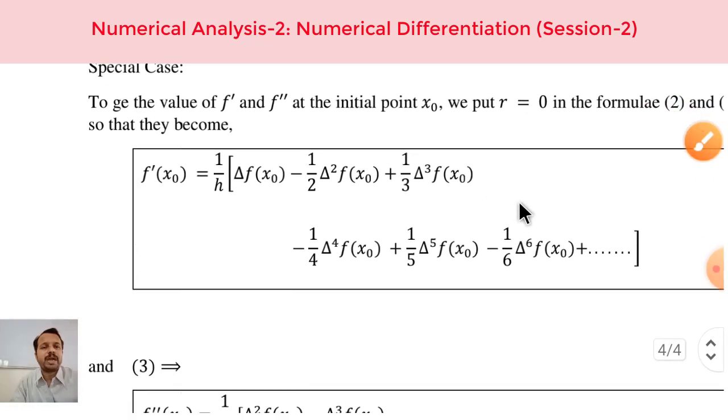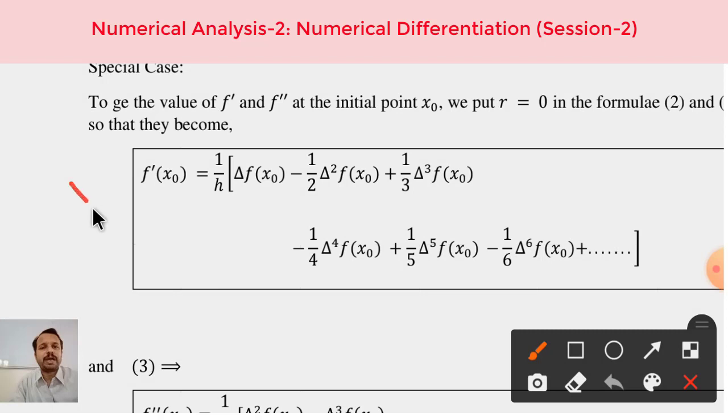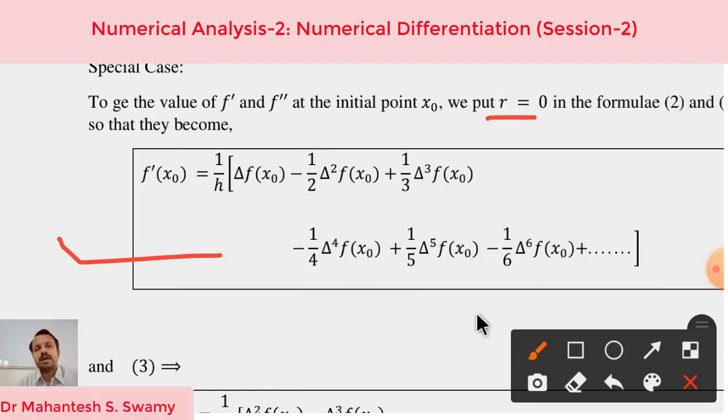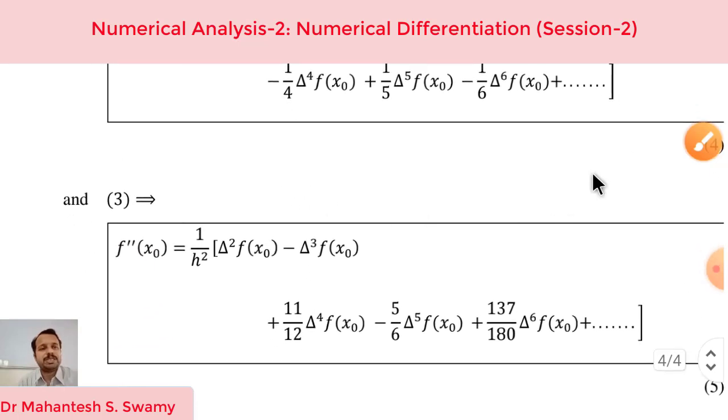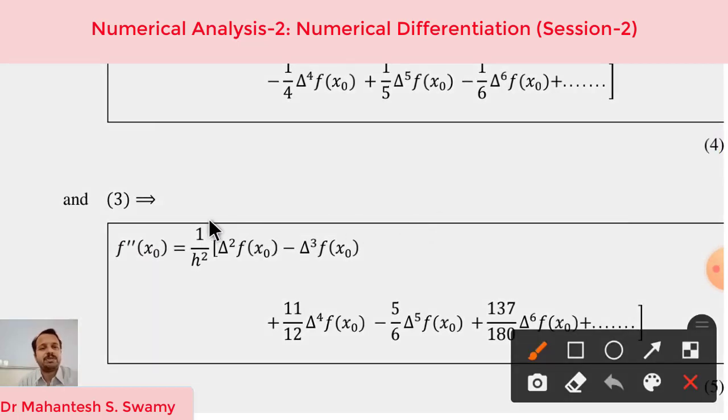You can have a look at this formula. The formula can be derived directly from the earlier formula simply by replacing r by 0. So this is the result we are having. This also we will be using for solving the problems. Similarly, this is the second expression we are getting here.